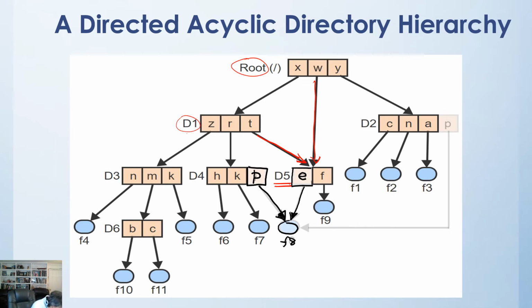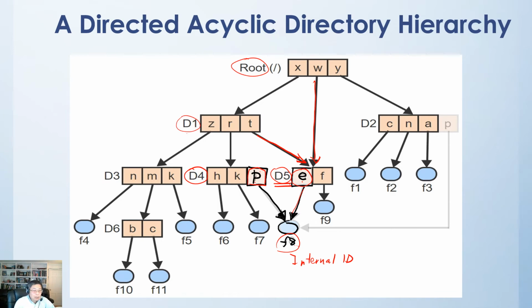Now the file F8 also has 2 parents, D4 and D5. F8 has a file name called P in the directory D4, but it's also under the name of E in D5, right? Both P and E are different names, but they point to the same file, so it has the same internal ID.